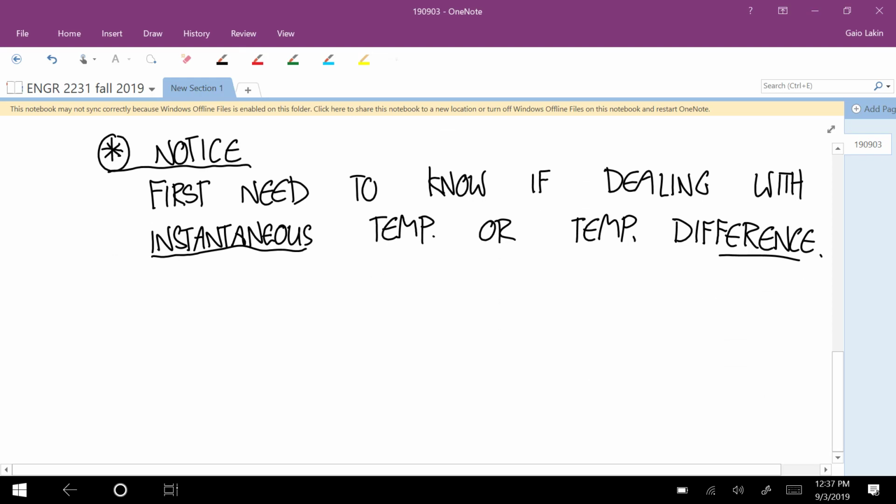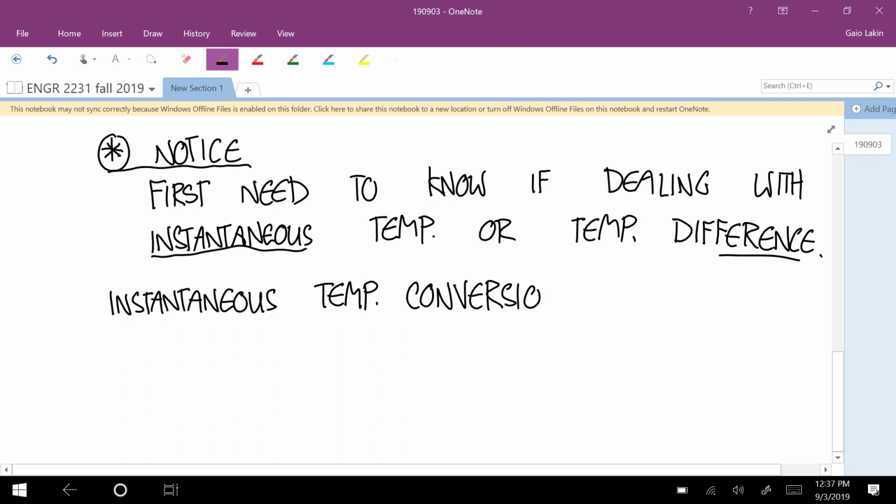Okay, so for instantaneous temperatures, the conversions work like this.